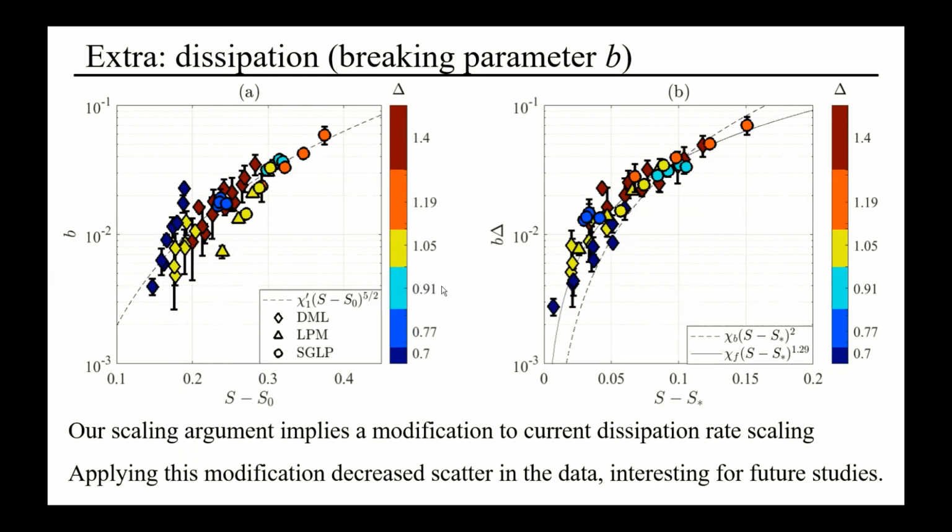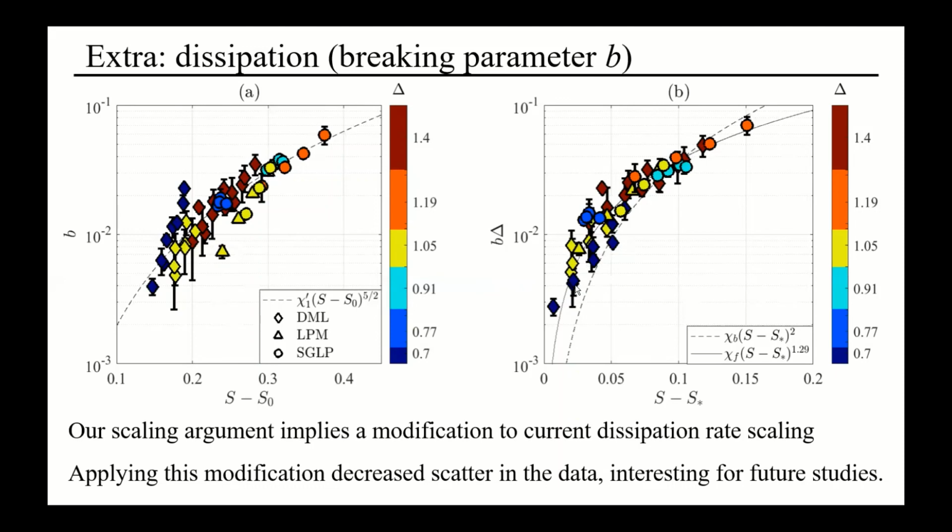So according to our argument for the length scale of the breaking region, the breaking parameter or the energy dissipation should scale inversely with the bandwidth, and it should scale with S minus S star rather than just S minus some free parameter. So we have the x-axis here with our modified scaling, S minus S star, and the y-axis we have normalized by the bandwidth delta. And this hasn't really reduced the scatter in the plot significantly.